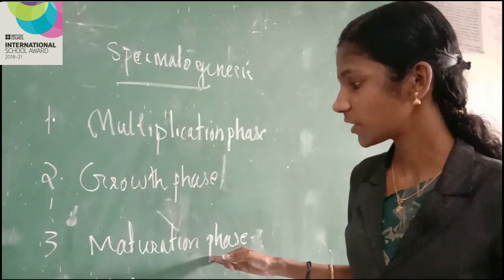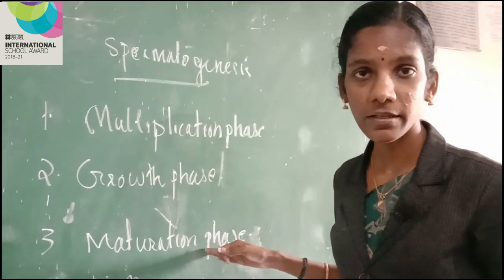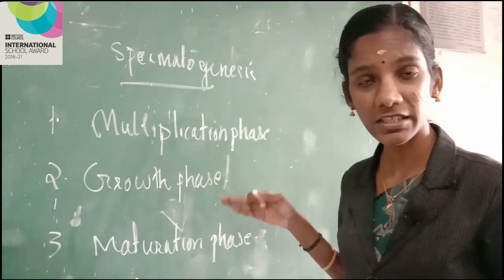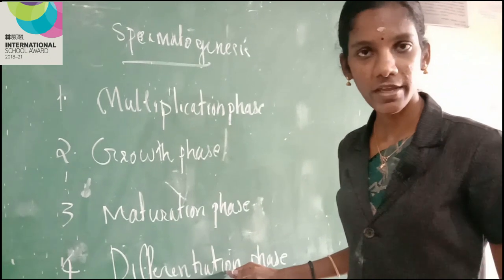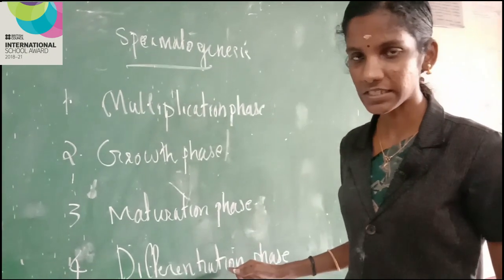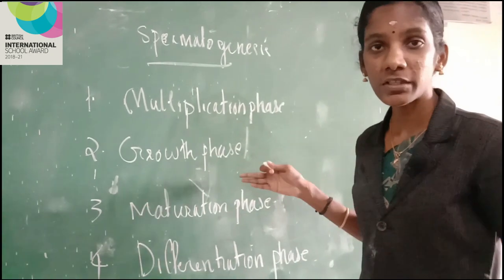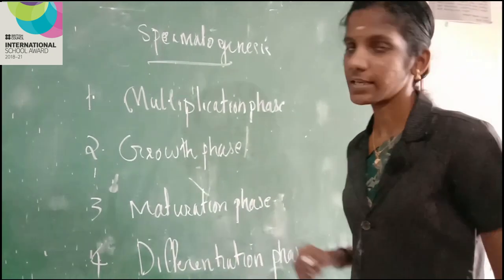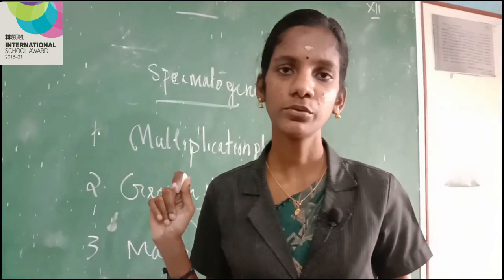And the third, maturation phase, will explain about the changes that may happen in primary spermatocyte during the time of meiotic division. And the last phase is differentiation phase. In this differentiation phase, we will study the changes that may happen in the spermatid during the time of differentiation. Understood, children? These are the main things that we have to study.